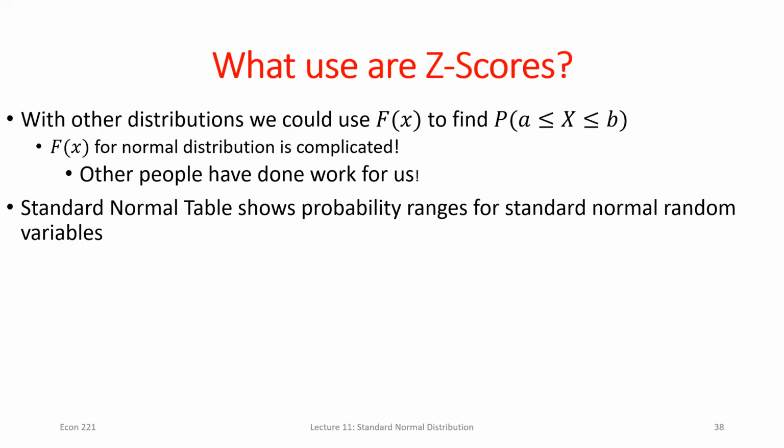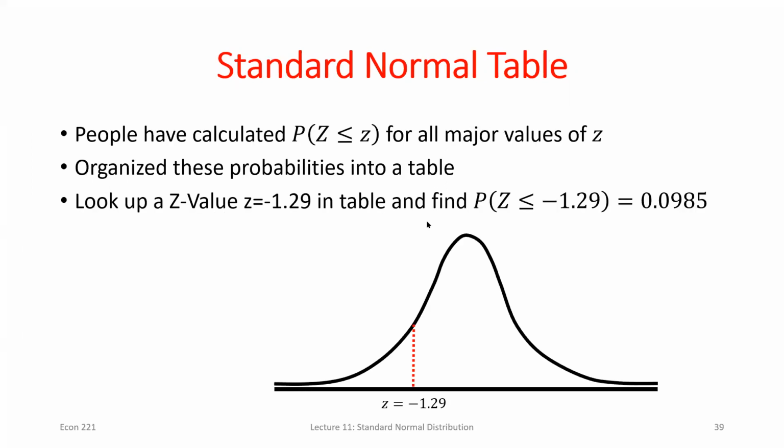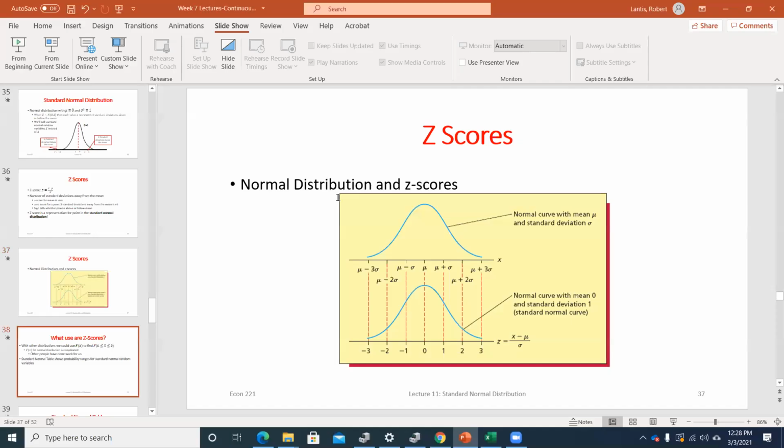Once I get a standard normal distribution, the probability that I'm a certain number of standard deviations above or below the mean, that z-score, it'll always have the same area under the curve up to that z-score, right? Because it's a standard normal distribution. It's always mean 0, variance of 1. So these tables will help us find things like, what's the probability that x is between a and b? We'll convert a and b into z-scores, and then we can use that table. So I'll show you the table.